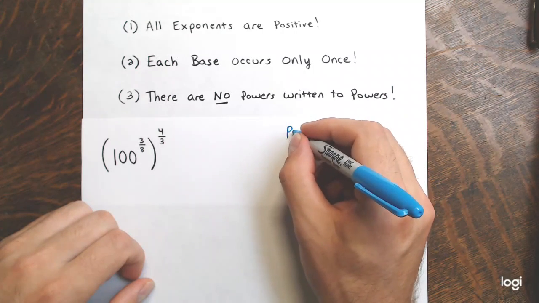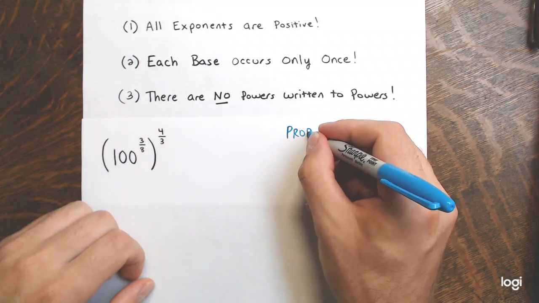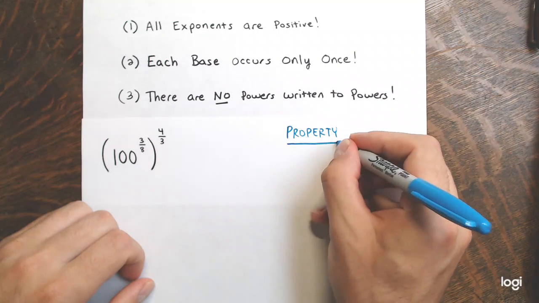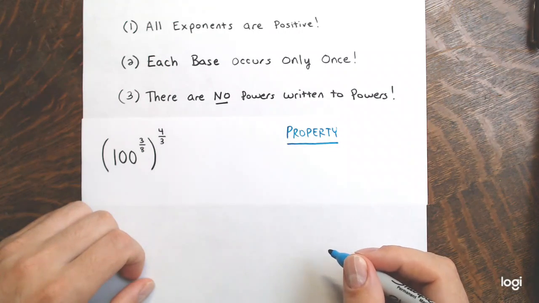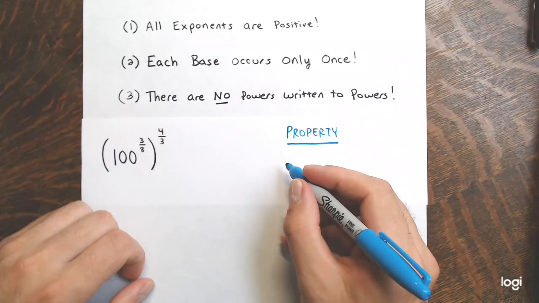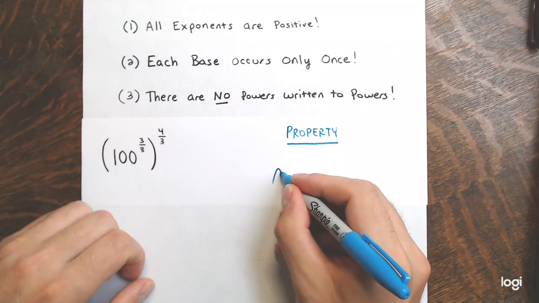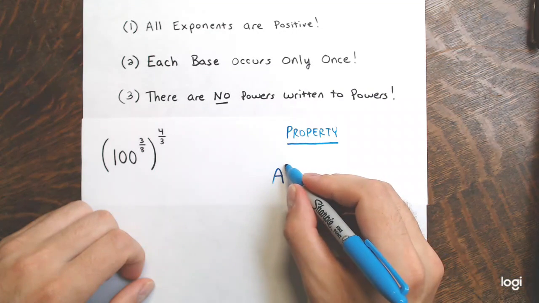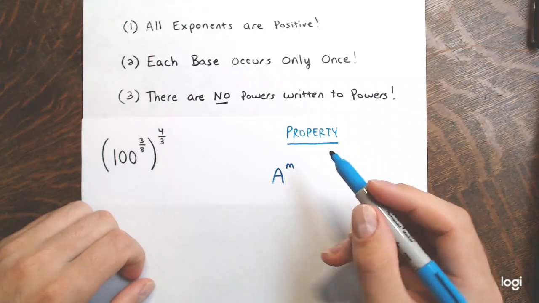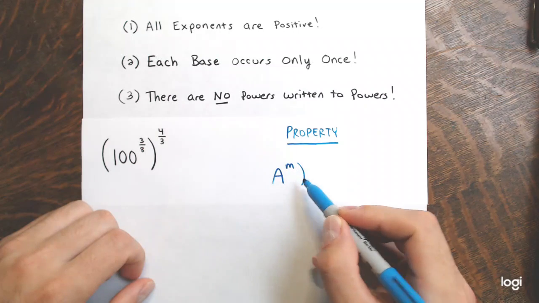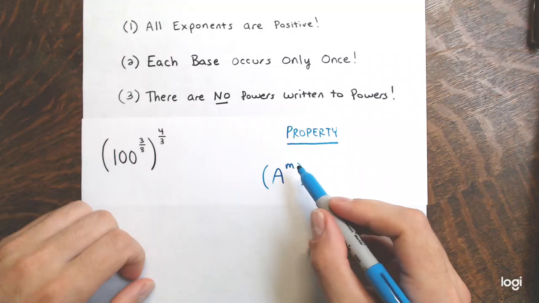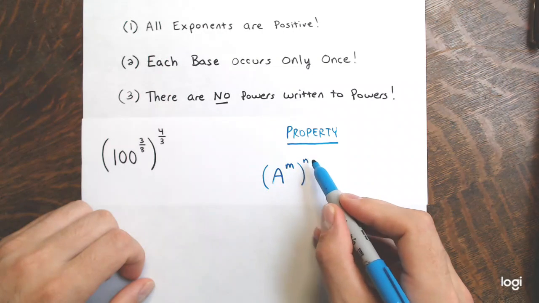All right, so another property of exponents that you should know. This is a power to power property. If you have a number, you can say a, and that's raised to an exponent, say m, and then you take that number and make it the base and raise that base to another power, say n.